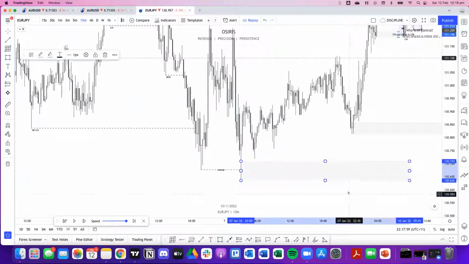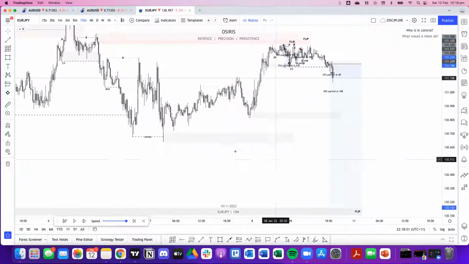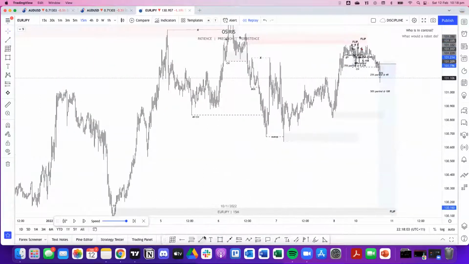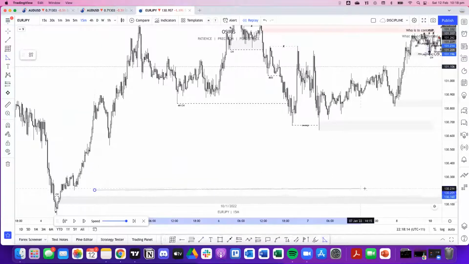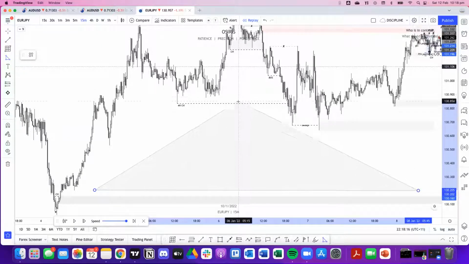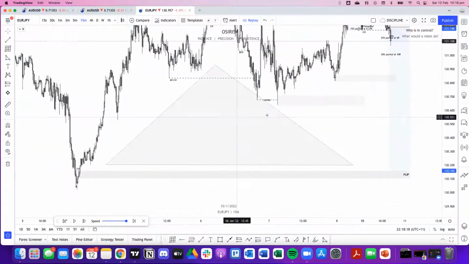We go down on the lower time frame. However, even then, if we look at it in a larger scale picture, all of this is just liquidity waiting to be swept. Okay. Have a liquidity void here.